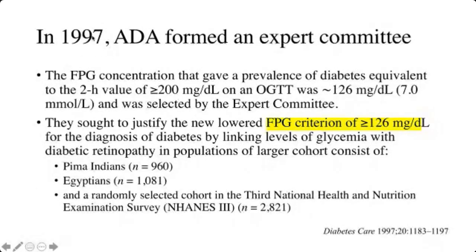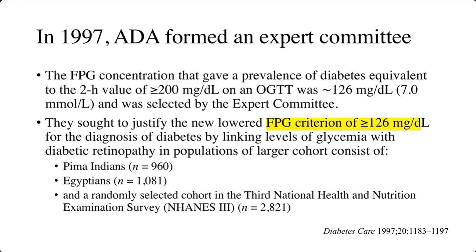So it was almost more than 25 years till the American Diabetes Association formed an expert committee. And that expert committee changed the fasting blood sugar to 126 instead of 140 milligram per deciliter. This is when they said that 126 gave an equivalent prevalence to the 2-hour value of more than 200 milligram on oral GTT.